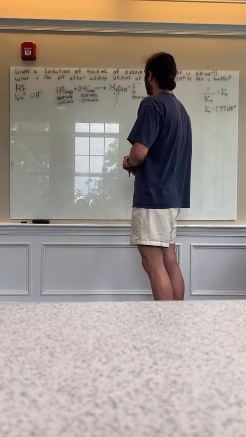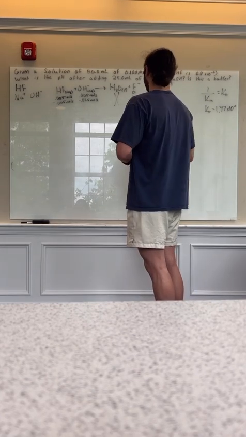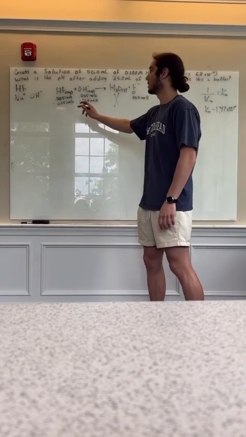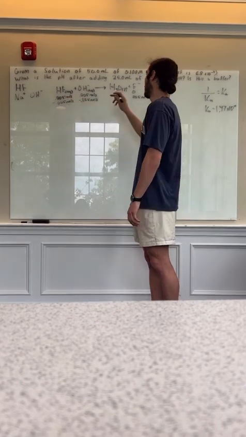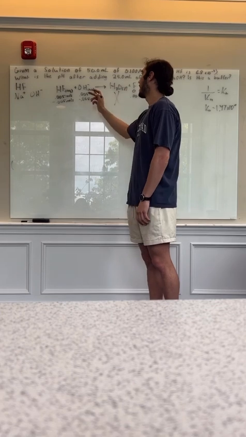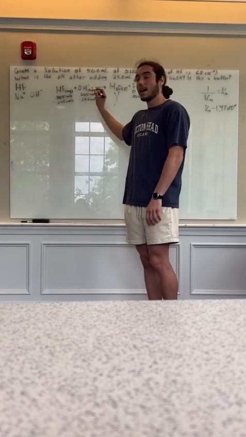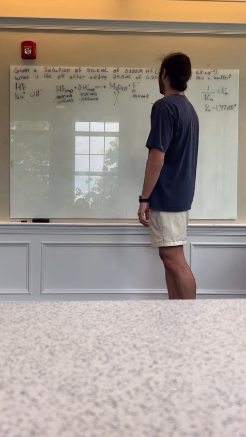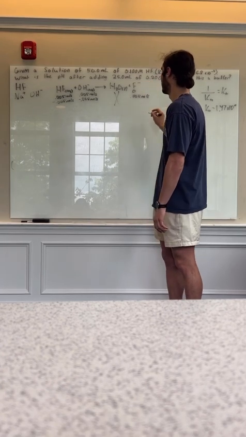And so now we're not done yet because we need to consider, well actually, first we can say that this is not a buffer because we have completely exhausted our buffer of HF and F minus by adding enough NaOH to completely exhaust the buffer. And so now we have what's left, which is F minus.